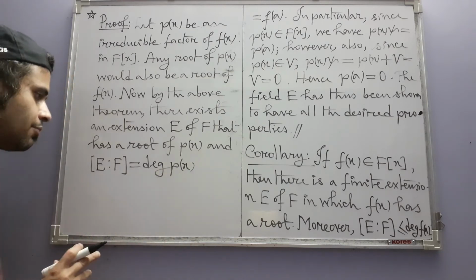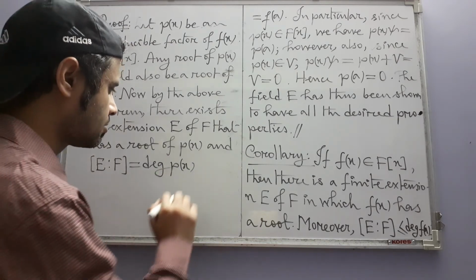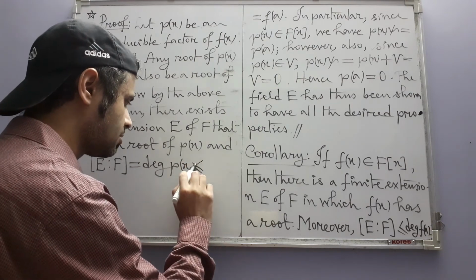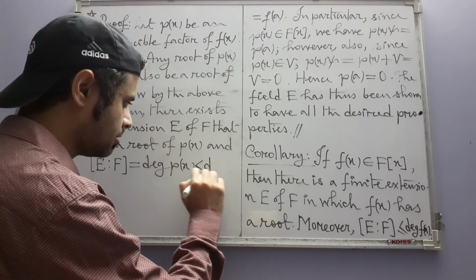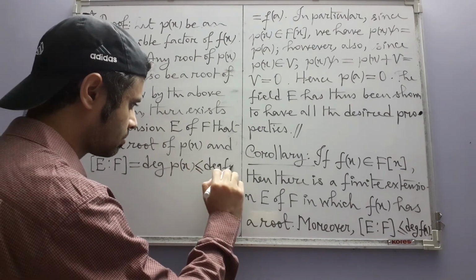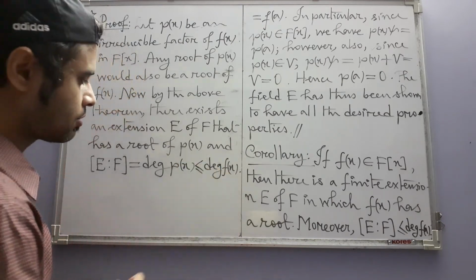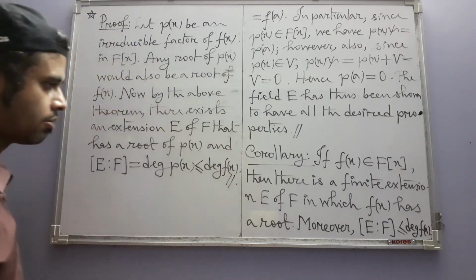But because p of x divides f of x, the degree of p of x is less than or equal to the degree of f of x. So that completes the proof of this corollary.